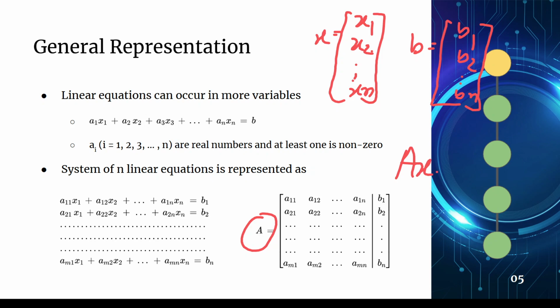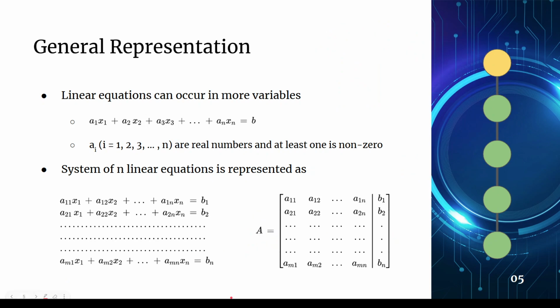You can see Ax equals b. It's an equation, you can go for it. Matrix multiplication is required between A and x, and you can see the results. It's quite interesting. So let's move on.